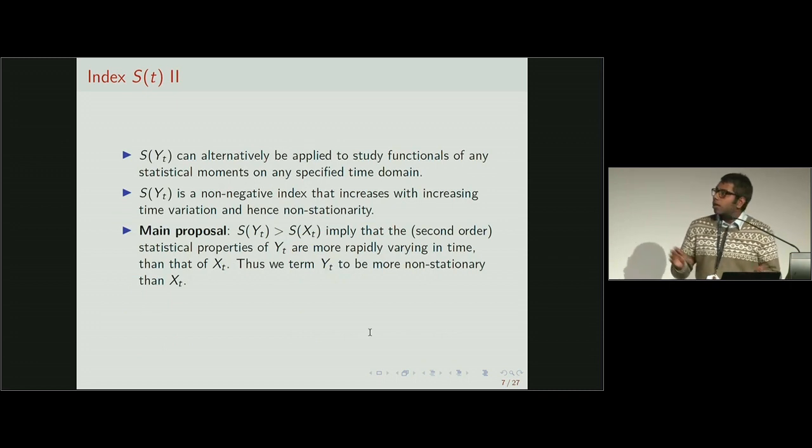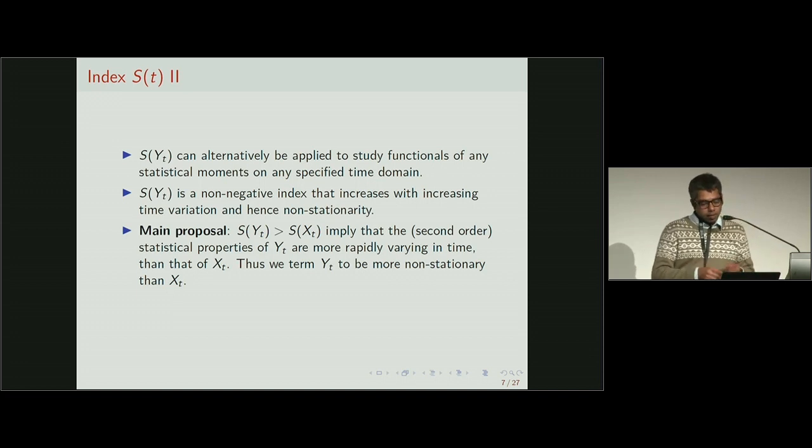In fact, this principle can be easily extended to studying any functionals of an underlying stochastic process that you can construct with respect to time. SYT is a non-negative index and increases with increasing temporal variability of the underlying statistical moment.